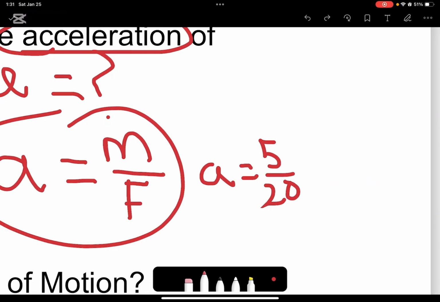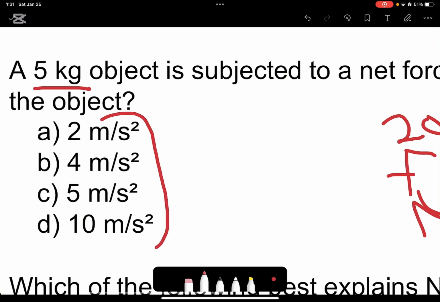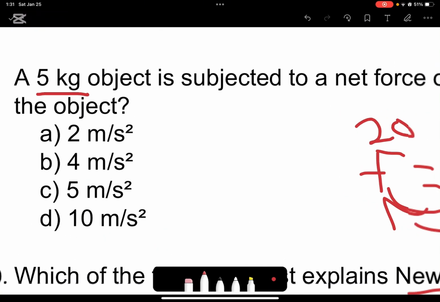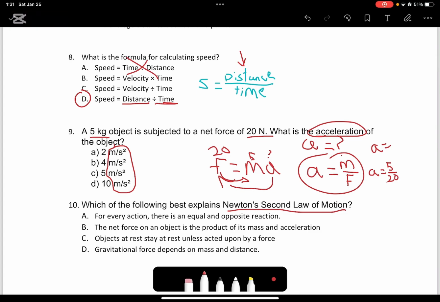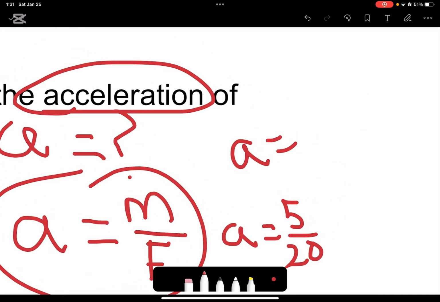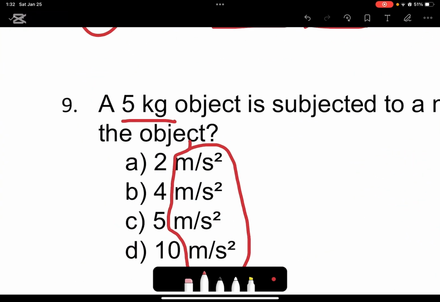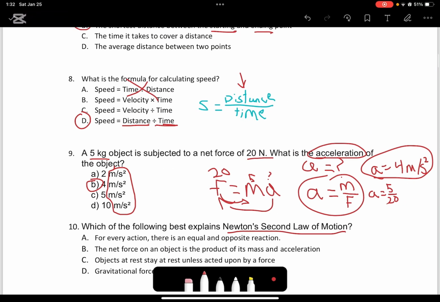And you have to remember the unit, because all of them use this unit, meters per second squared. So the acceleration is 4 meters per second squared. That's the answer of acceleration. So B.